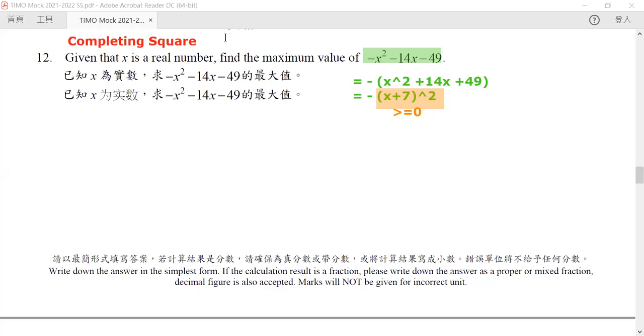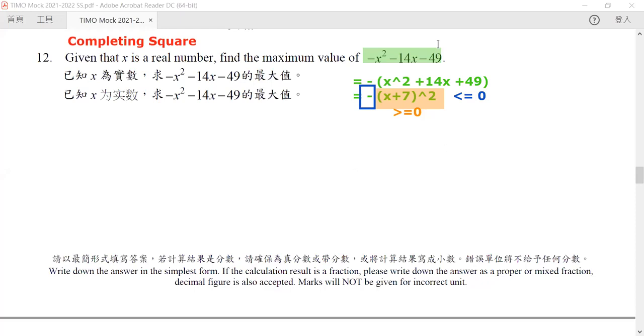But since we are adding a negative sign at the very beginning, the whole expression becomes always smaller than or equal to 0, because it's a negative of a positive number. So what's the maximum value? 0, right? Because it cannot be a positive number. If it were, that would mean a square is a negative number, which is impossible.